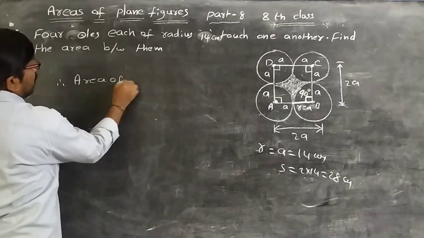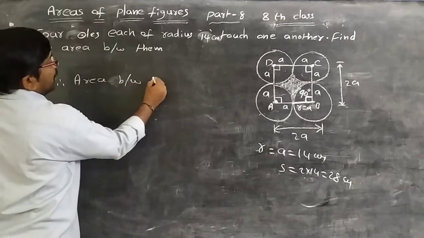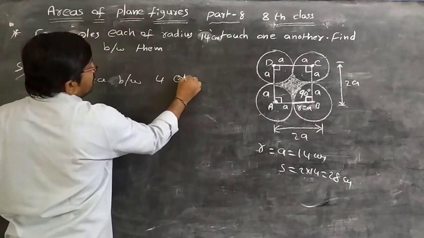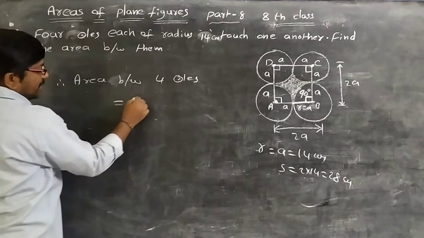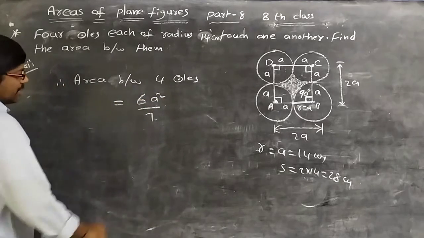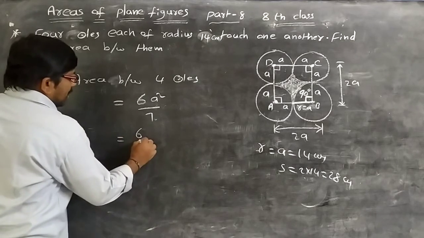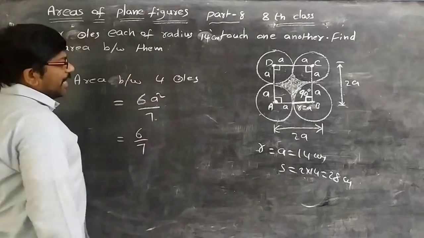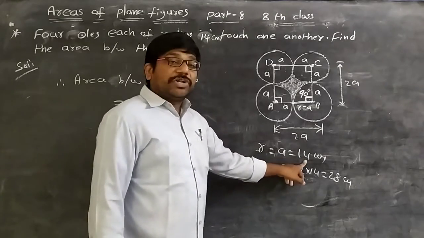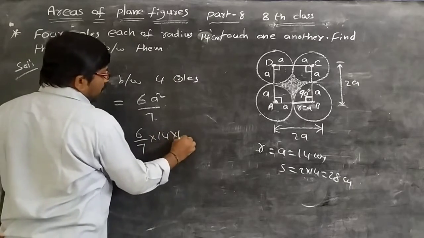area between four circles is equal to, the formula is 6a square by 7, right? That is equal to 6 by 7 a square. Here a is the radius, 14. A square means 14 into 14.